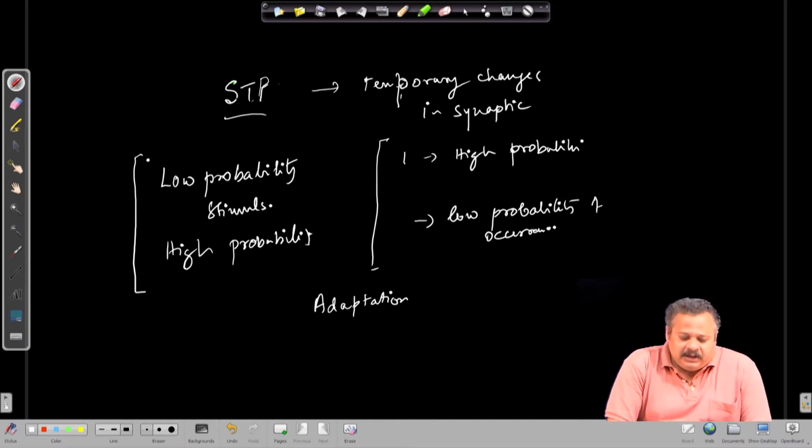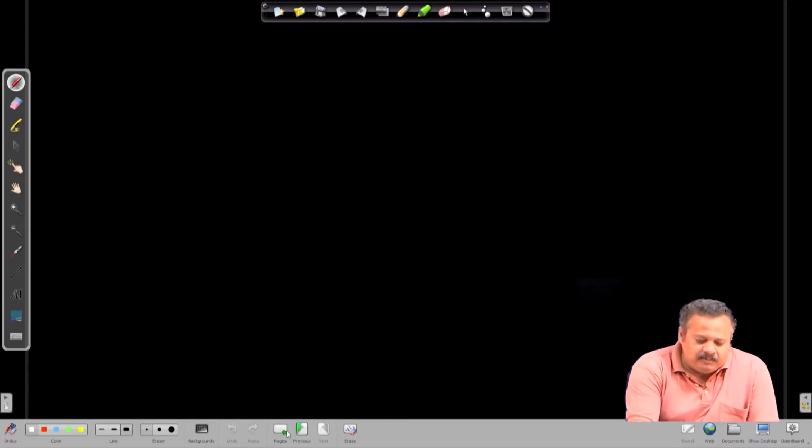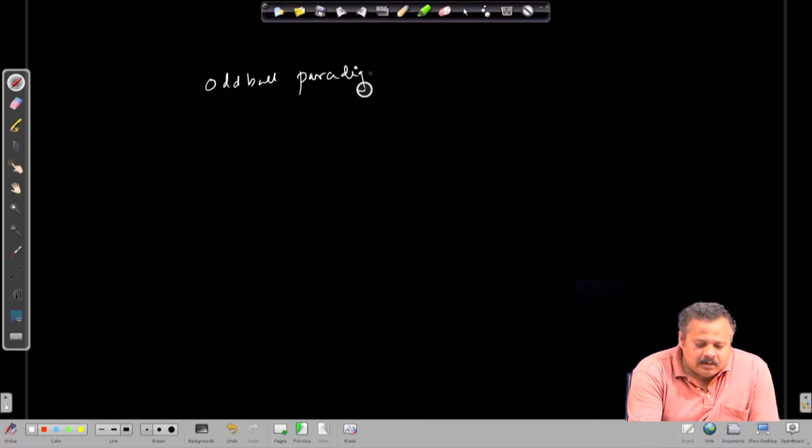Particularly here, let us consider these two cases, where in one case we have what we call an oddball paradigm. We essentially have two different frequencies, let us say f1 and f2, in the auditory domain. Let us say one particular frequency is presented repeatedly multiple times.